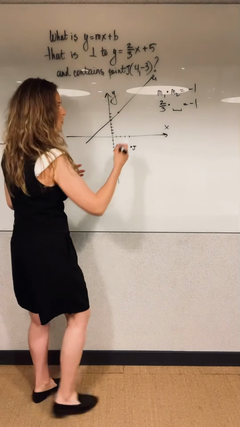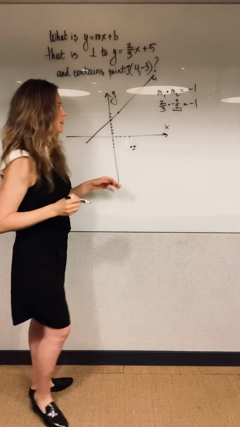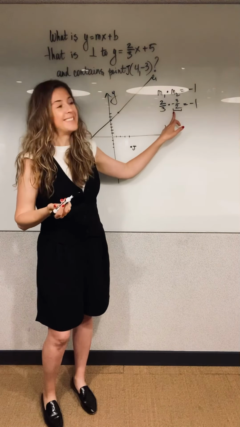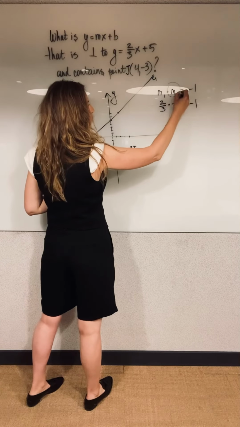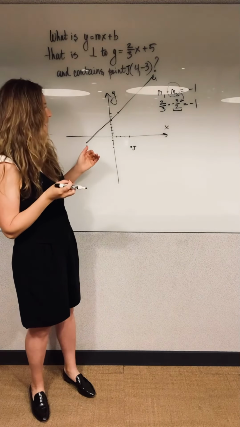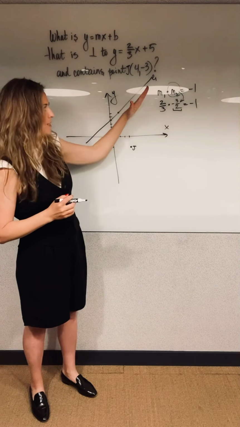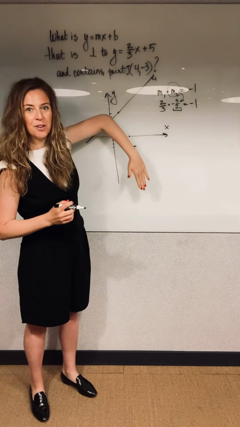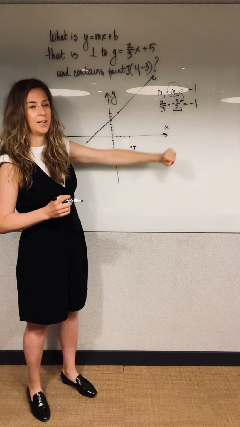So it's -3/2, and when we multiply, indeed we get -1. So this is the new slope of our perpendicular. It makes sense, because it goes in a different direction: if this is positive, this should be negative.